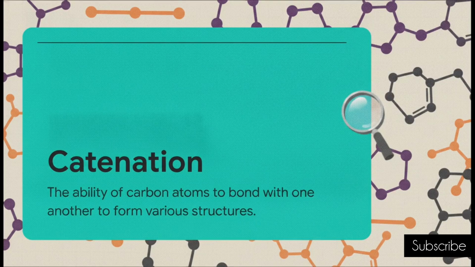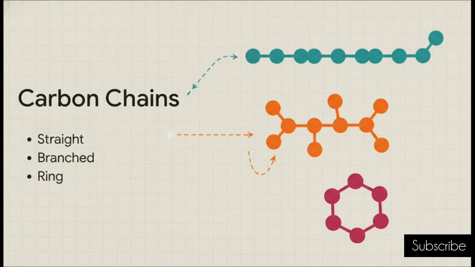It doesn't just bond with other elements, it absolutely loves bonding with itself, creating a vast, almost limitless foundation for structures. Because of this catenation superpower, carbon chains don't just go in a boring straight line. They can branch out in complex directions with side branches attached, or even loop entirely back on themselves to form closed ring structures, like benzene. It truly is nature's ultimate Lego brick.